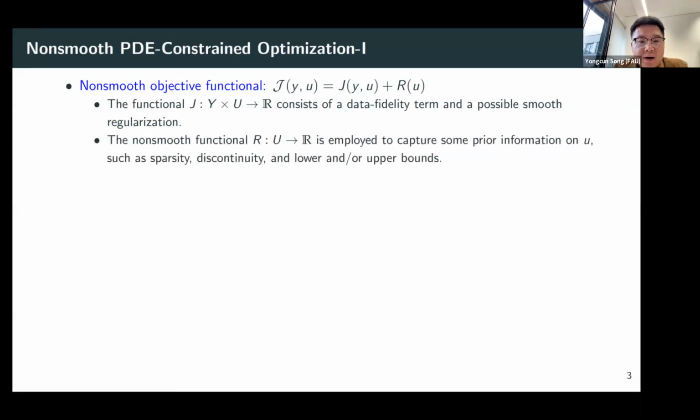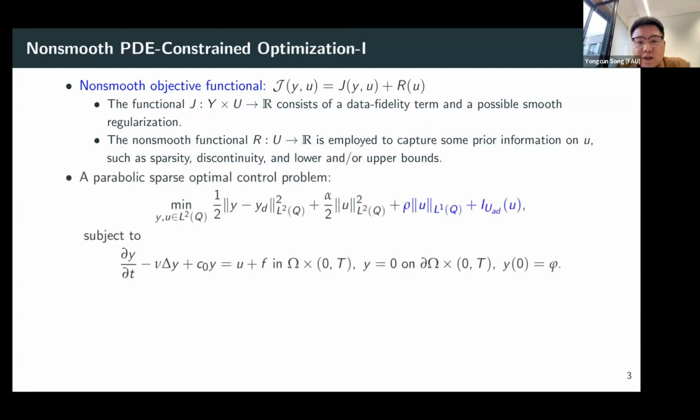And R is a non-smooth functional, and it is used to capture some prior information on u, such as sparsity, discontinuity, or boundedness. If we would like to promote sparsity, we can employ R(u) as L1 regularization, and discontinuity can be achieved by TV regularization, and the lower and upper bounds can be achieved if R(u) is an indicator functional of an admissible set.